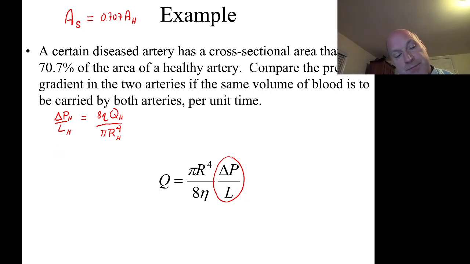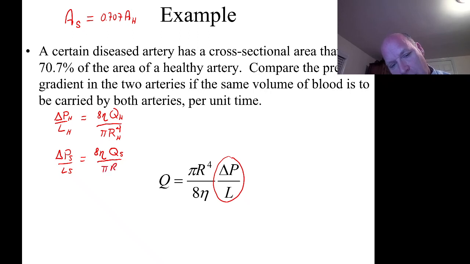And then we're going to have the gradient of the sick one, delta P over L sick, is going to be equal to 8 eta, the volume flow rate of the sick one, over pi r sick to the fourth.